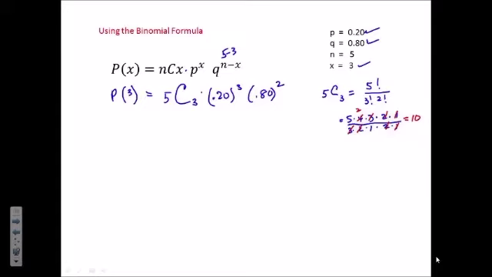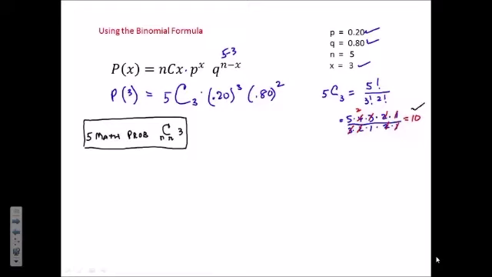On the TI-84, you would press 5, and then math, then probability. Then you would choose from a menu the NCR option, and then put in the 3, and press enter, and that would give you this number 10.